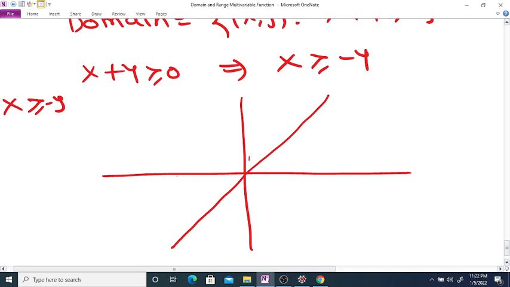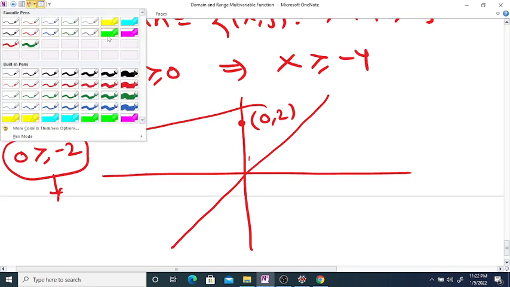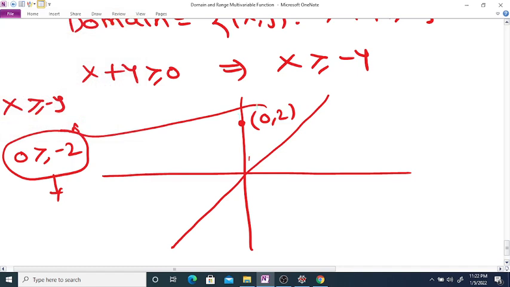If you consider any point from this region, say 0 2, and plug this point in, that is x is 0 and y is 2, this condition is true. That is 0 is greater than minus 2, and therefore this is the domain of the given function.